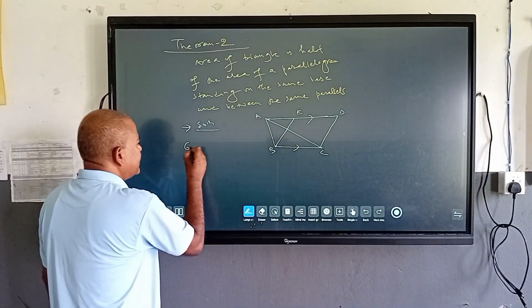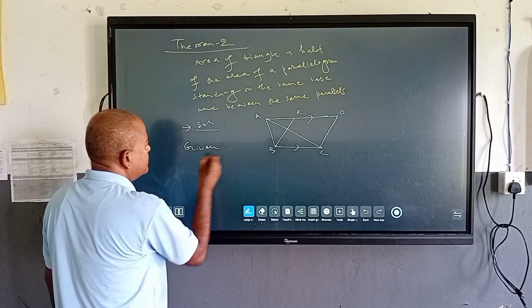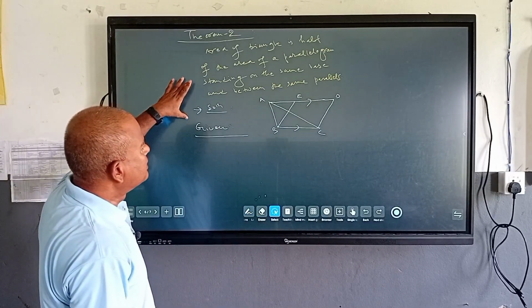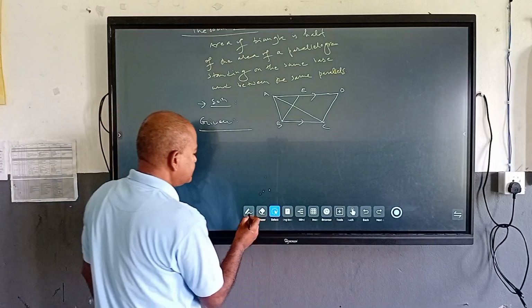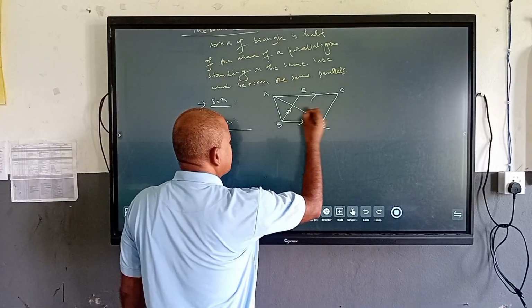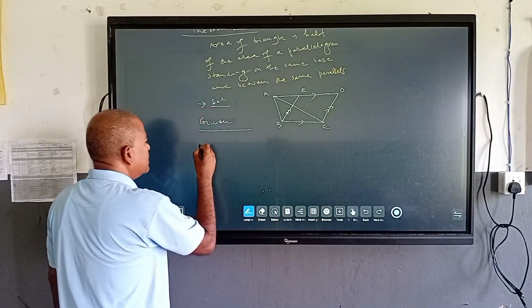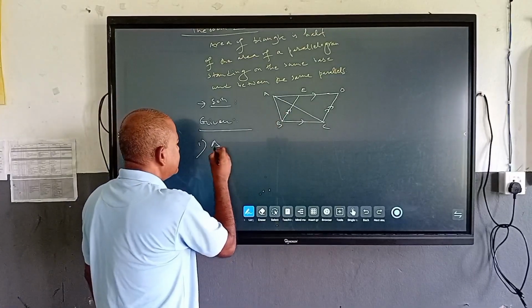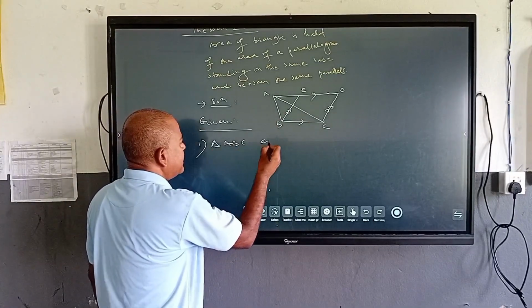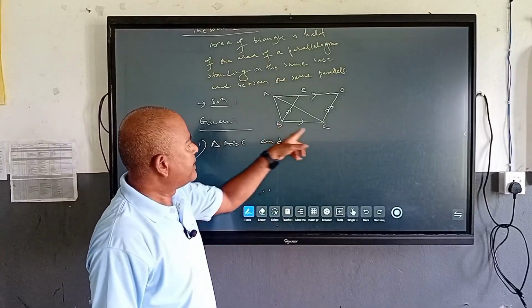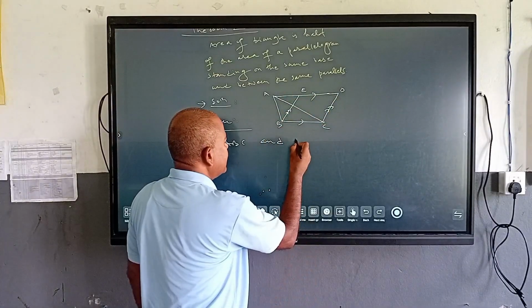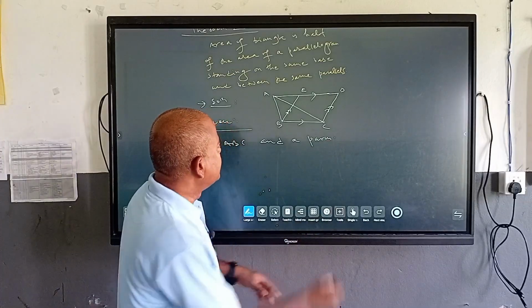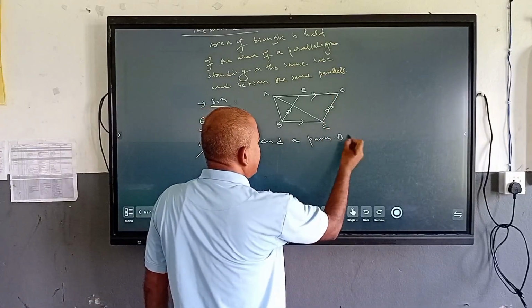So let's write down the given at first. Dear students, triangle ABC and a parallelogram BCDE.